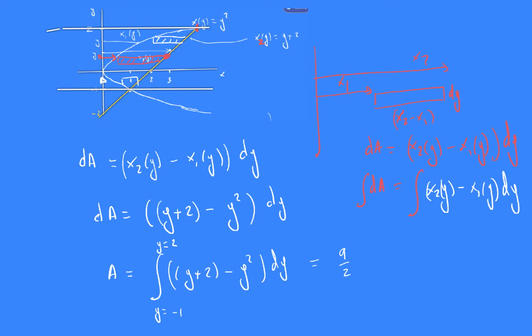So let's do it. x2 is y plus 2, the graph more to the right, y plus 2 minus x1, y squared, dy, and the integral is from y equal minus 1 to y equal 2. The result, you can check it, should be 9/2.